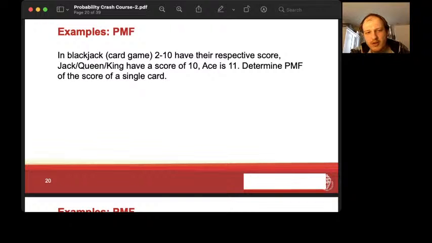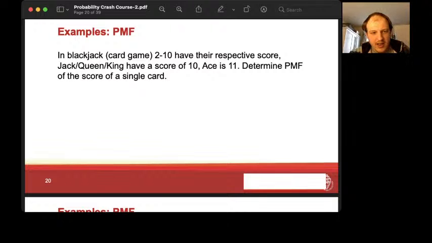The unique property of the probability mass function is that all probabilities need to sum up to 1. This is very important, and it's quite possible that you have to use this property on the exam, that the probability mass function sums to 1, to discover something.